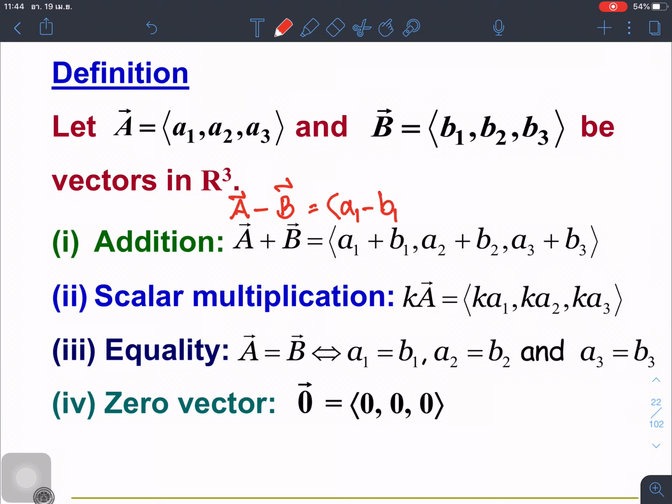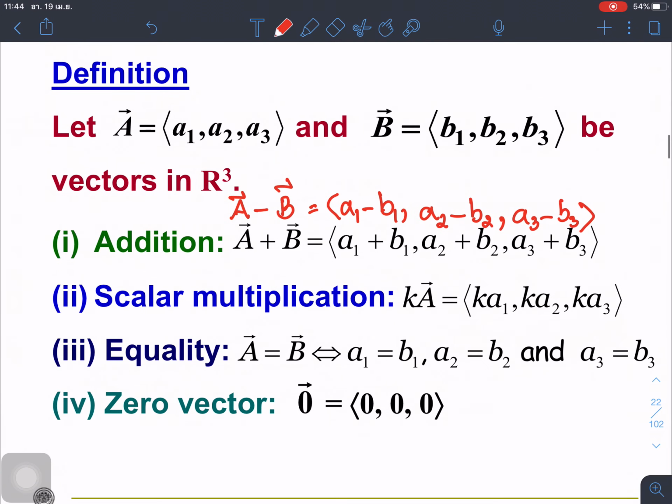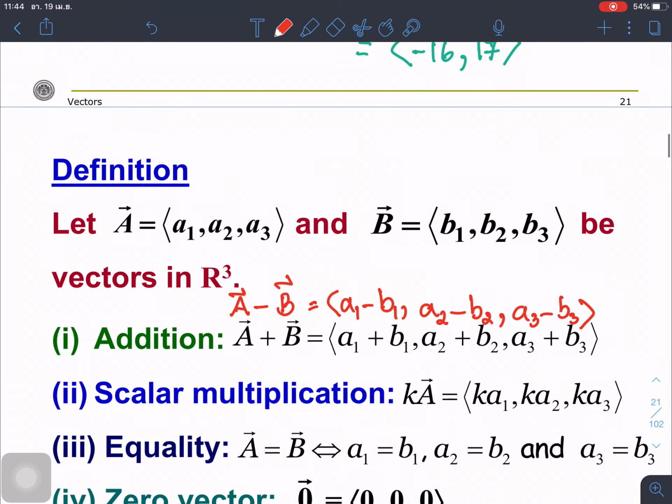So you have a1 minus b1, a2 minus b2, and a3 minus b3 here. Well, there is no example here, but if you want to do addition, it should be easy. Subtraction is easy. Multiplication, everything should be easy, easy enough for you to understand.